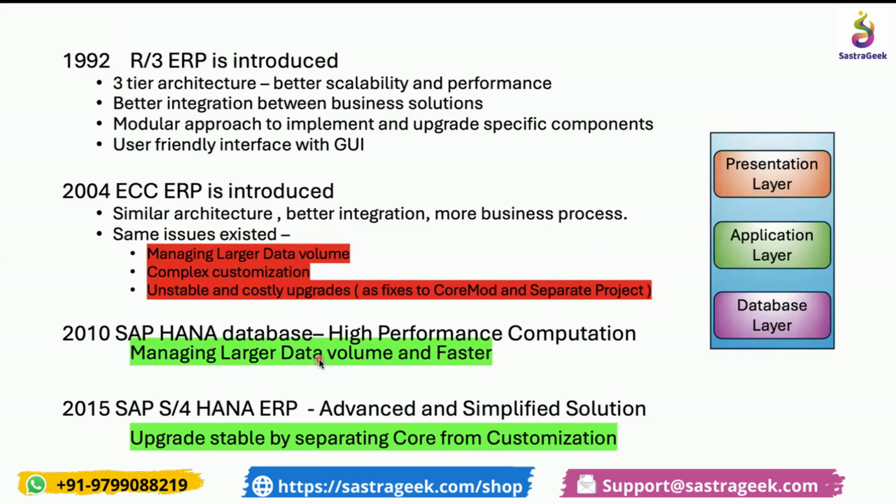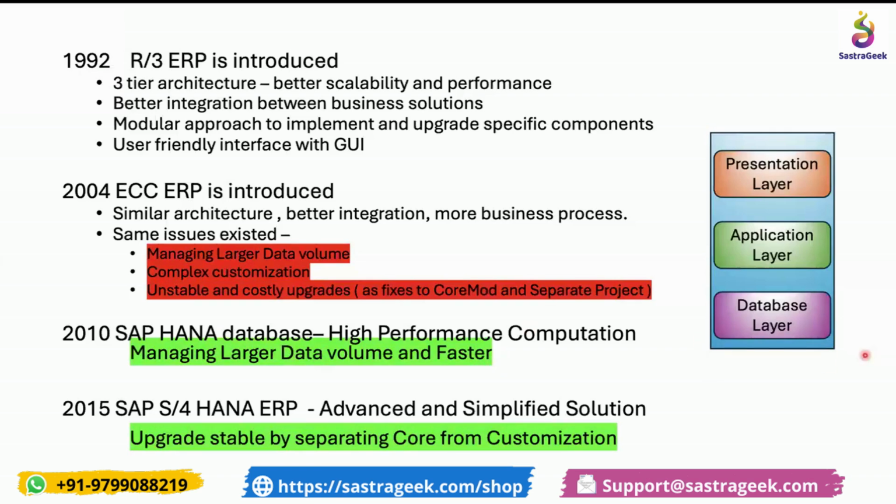They had a lot of performance improvement done on it. What that meant was that the computation was much faster. It could handle larger volumes of data, and it could also do embedded analytics. Analytics used to be a separate system from the core ECC. Now they could have analytics within the same database. They need not have a separate database.